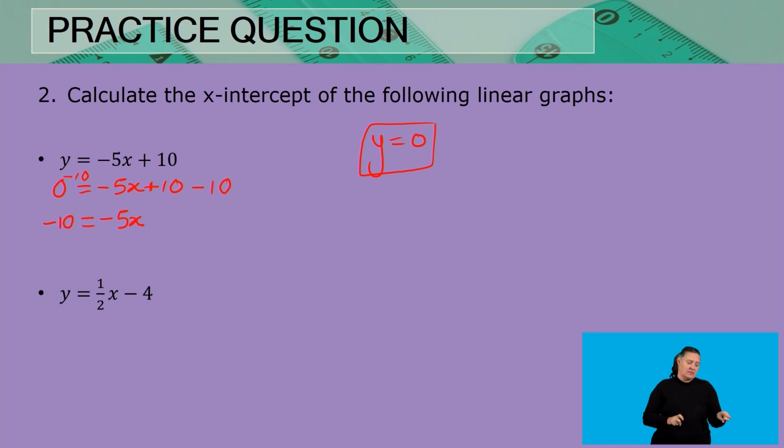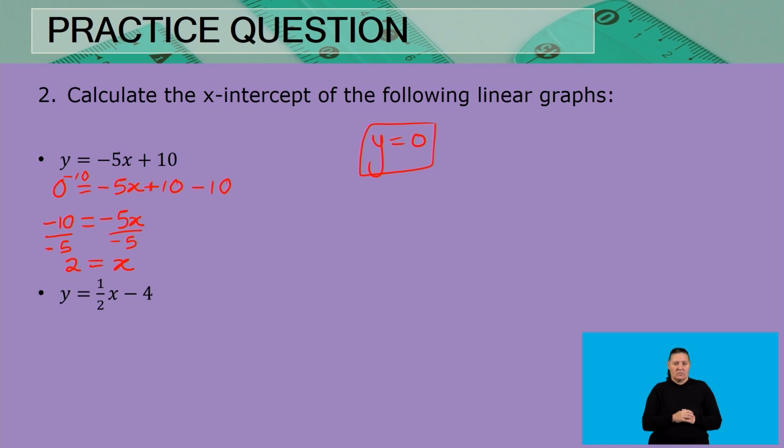Now we use the multiplicative inverse of -5, which is -1/5, the same as dividing by -5. We do this both sides, which leaves us with x = 2, because -10 divided by -5 is a positive 2. So that positive 2 is the x-intercept of that equation.